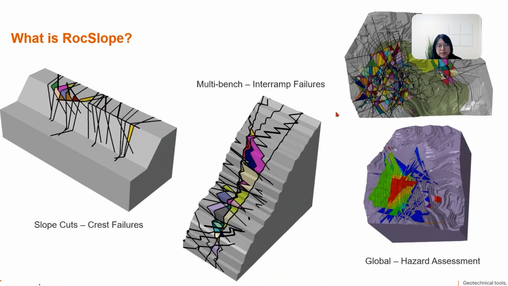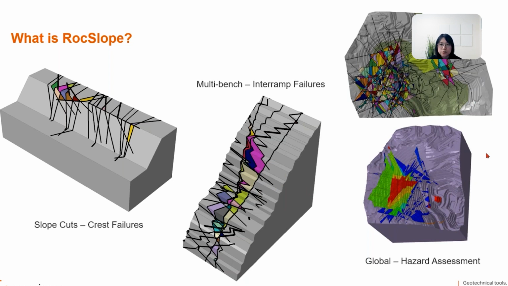Because RocSlope utilizes real geometries, it can be used to analyze problems at different scales. At the smallest scale, for instance, if you have a slope or bench cut, RocSlope can be used to analyze crest failures. If there are multiple benches, then the inter-ramp failures that are much larger in scale.